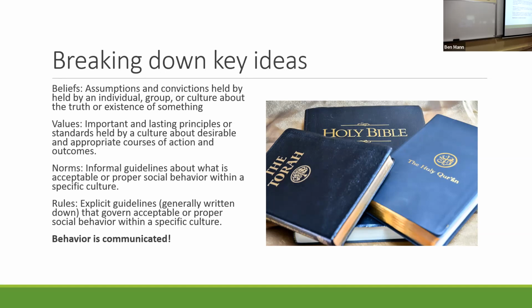If we think about how a book or text is important for the culture of a group, oftentimes that has rules and guidelines for behavior, right? If you are signing on for a contract for a new job, that's got rules too. So norms are not written, they're just things we do, right? We don't do that here. Rules are written down.